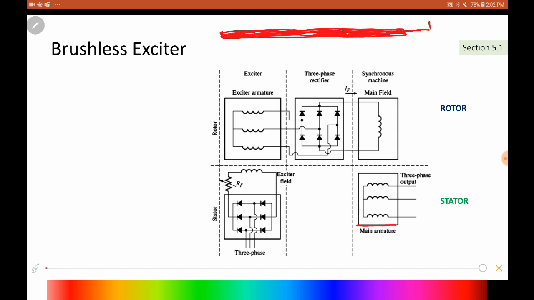So you have a prime mover connected. The prime mover can be a steam turbine, a hydro turbine, a gas turbine or anything else. Again, a reminder: we are talking about the generator, and we are providing the mechanical power. We have the stator, which is the main stator, which is this one.